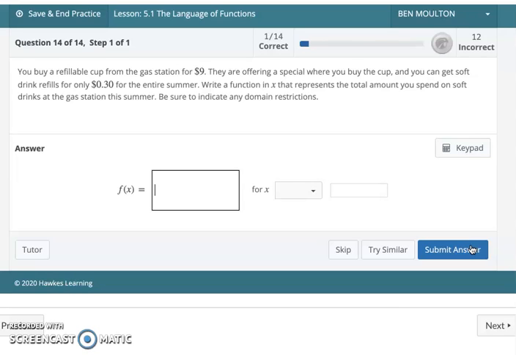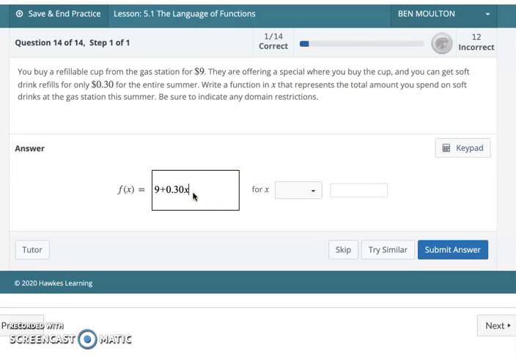Near as I can tell, we're talking about a flat cost of 9. You just buy the cup and then add to that the 30 cents, so 0.30, for every single drink. So we're going to let x represent the actual drinks that we buy.